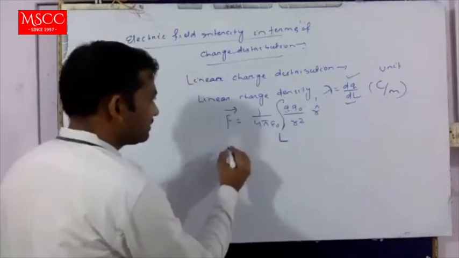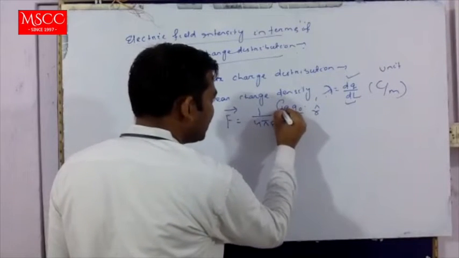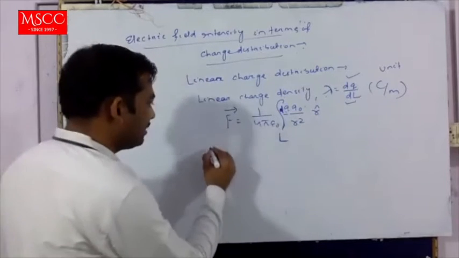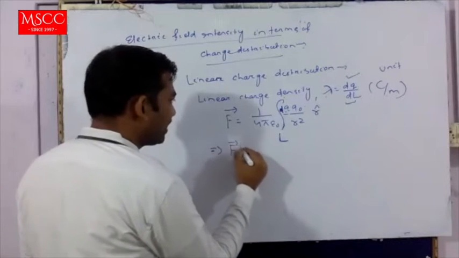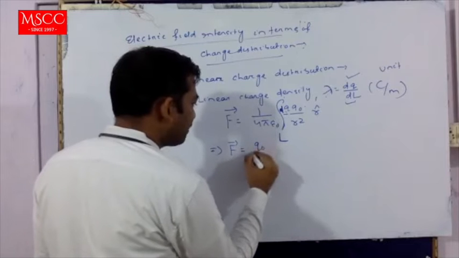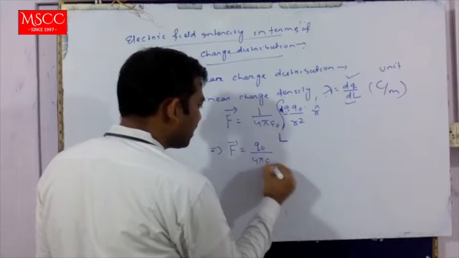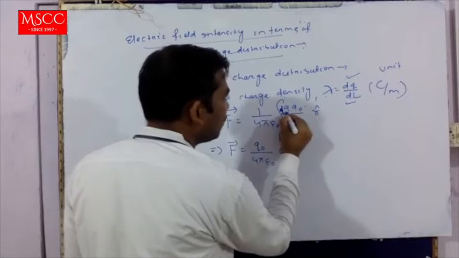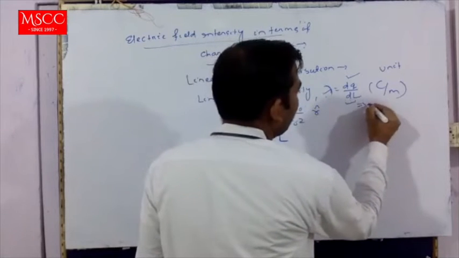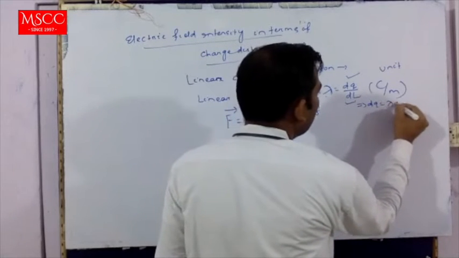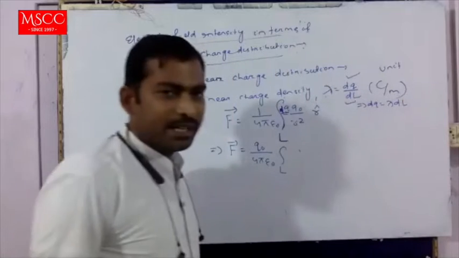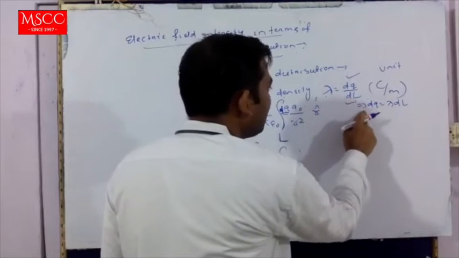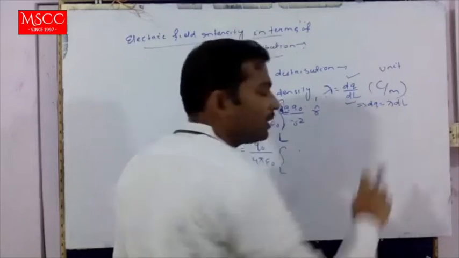This is dq, not q. That implies the force vector equals q naught by 4 pi epsilon naught integral dq. In place of dq we can write lambda into dl, since lambda equals dq by dl, that implies dq equals lambda into dl.